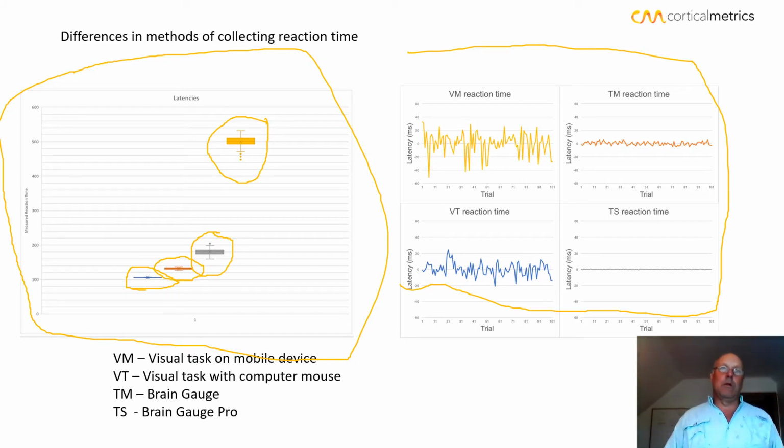But if you're using one of these commercial grade devices, which aren't designed for doing reaction time, they're not laboratory instruments, then you're going to get kind of garbage in, kind of garbage out. Anyway, that's our pitch for the Brain Gauge Pro, which has a 1/3 of a millisecond accuracy.